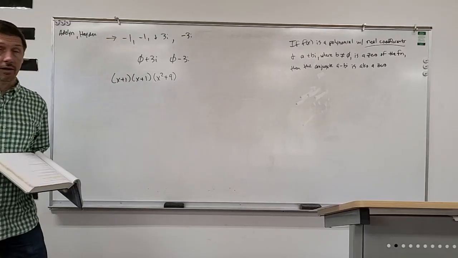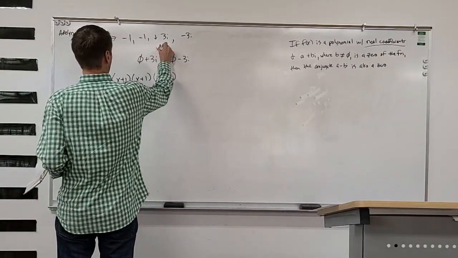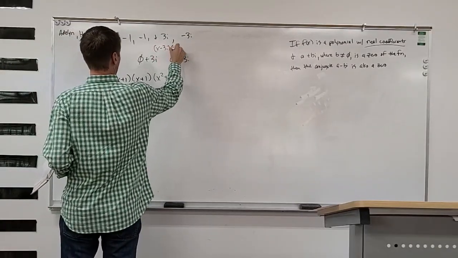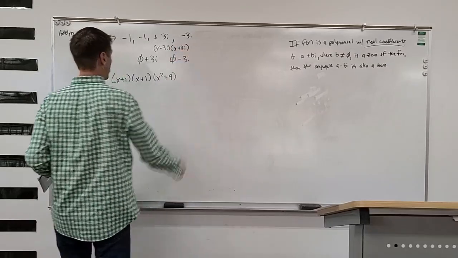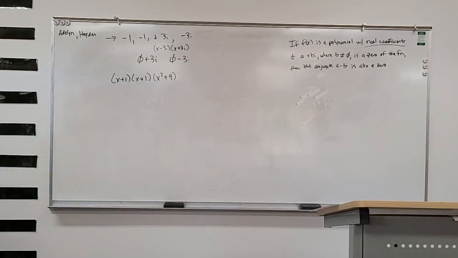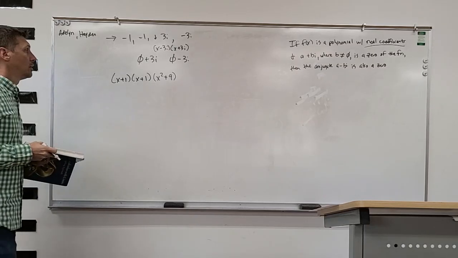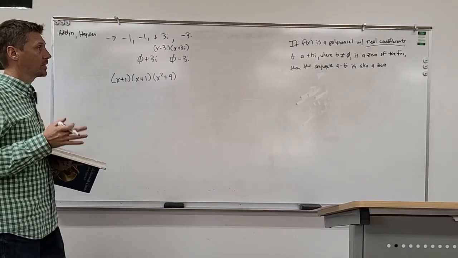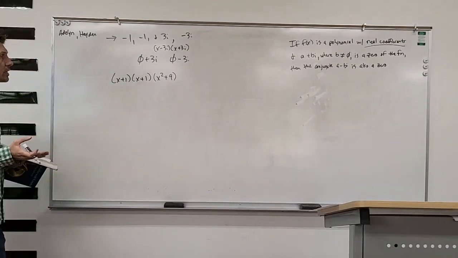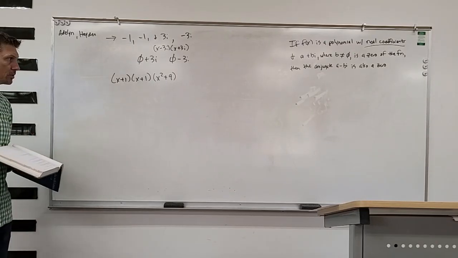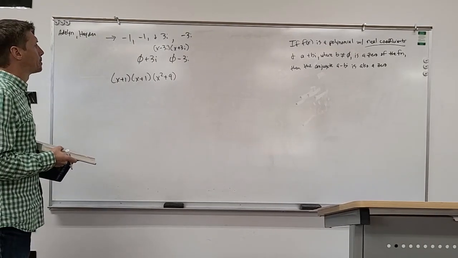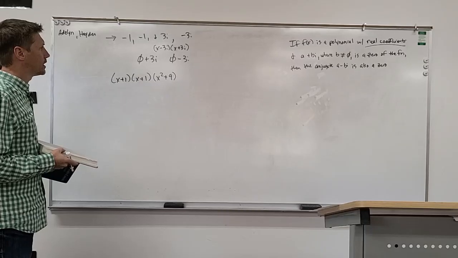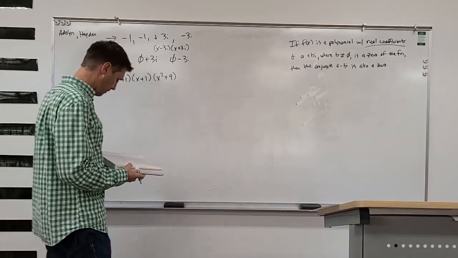Now, if you didn't see that, and you wrote those down as x minus 3i times x plus 3i, you're going to get the same thing, right? But it is saving a step if you recognize that. And we learned that with conjugates, right? Whenever you multiply them together, when you multiply complex numbers, you multiply one times the conjugate, then the imaginary terms will go away, right? And that inner term will go away as well.